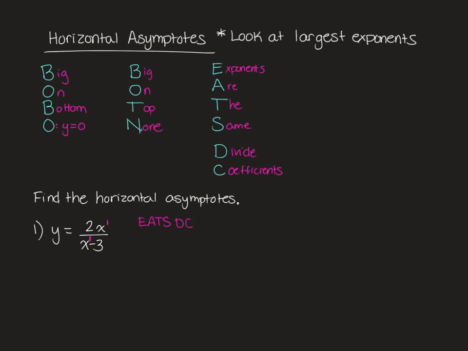We divide our coefficients. The coefficient in front of that x there is a 1, so we have 2 over 1. Well, that's just 2. So my horizontal asymptote is at y equals 2. Graphically, I have that invisible dotted line, now a horizontal one, at y equals 2.